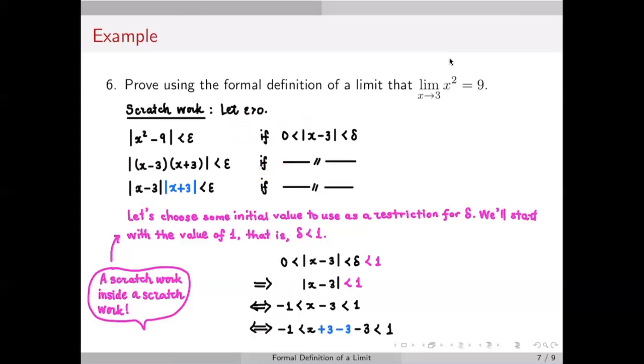So what we do here is we add plus 3. Of course, if we add plus 3, we have to subtract 3 in order to preserve the equality: x minus 3 is equal to x plus 3 minus 3 minus 3. This is our goal here.